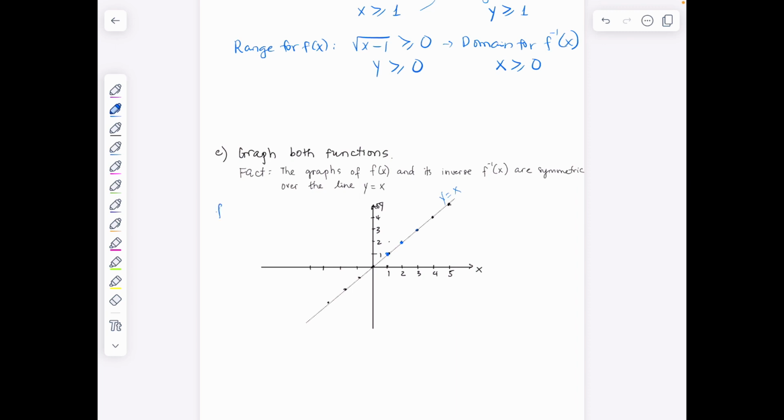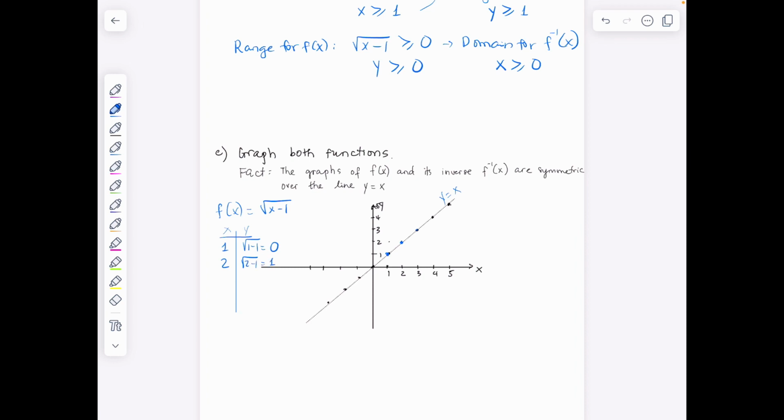So first, the f of x function is square root of x minus 1. So we can make a table. So x could be 1, then 1 minus 1 is 0. Square root of 1 minus 1, square root of 0 gives you 0. Let's say x could be 2, then y will be square root of 2 minus 1, which gives you 1.